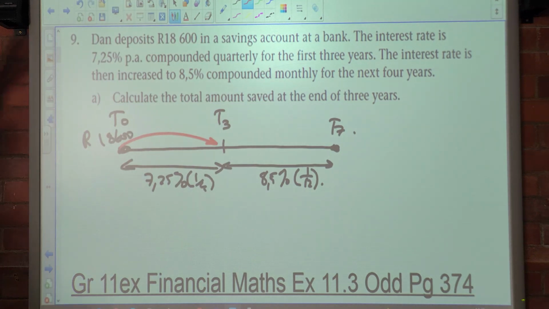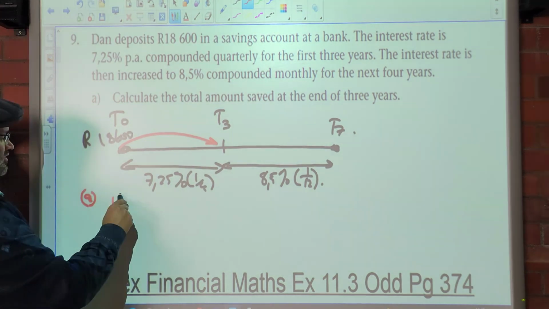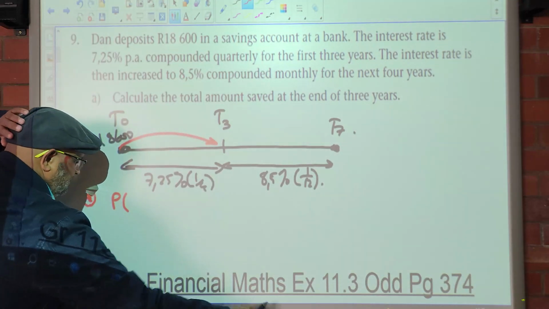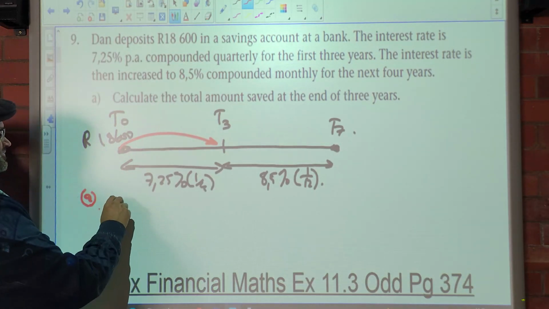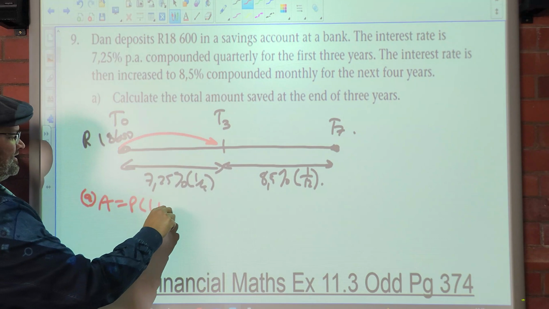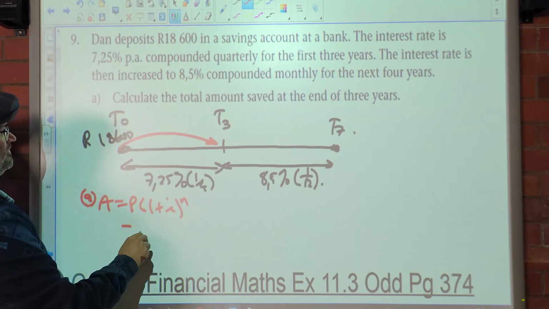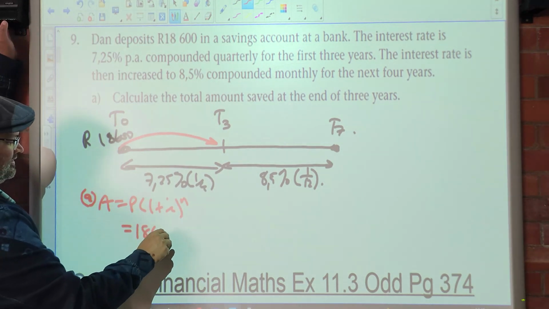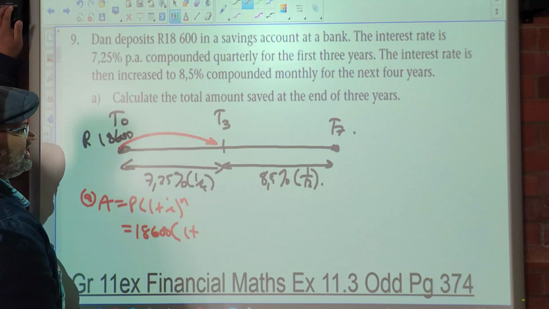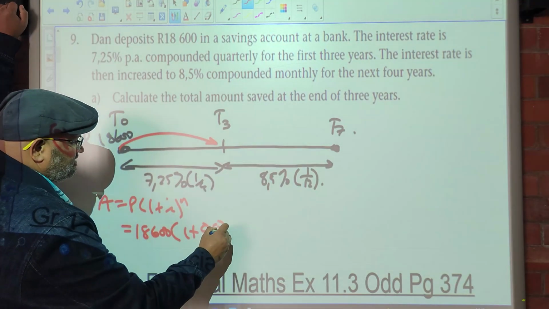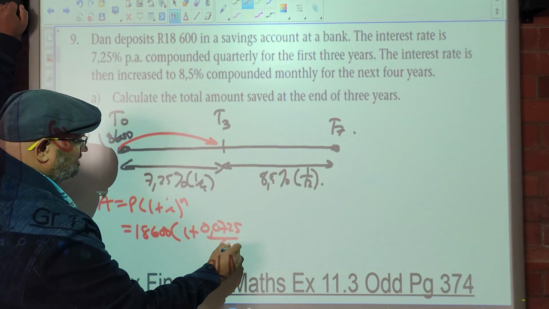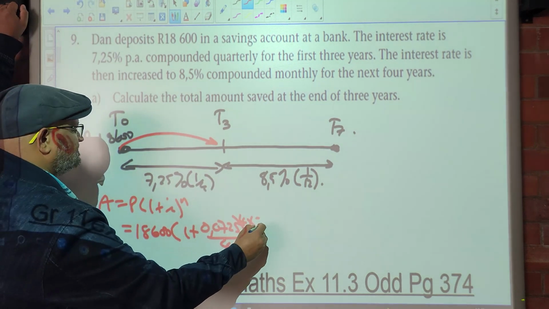My formula is A is equal to P into 1 plus i to the exponent n. What's your P value? 18,600 into 1 plus i, 0.0725 over 4 to the exponent 4 times 3.